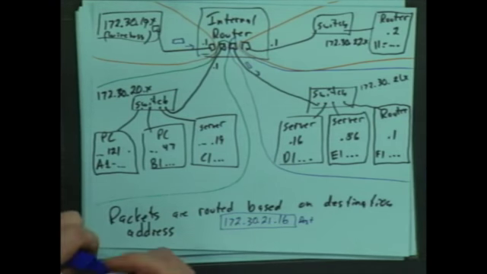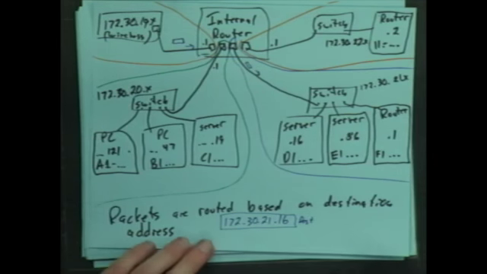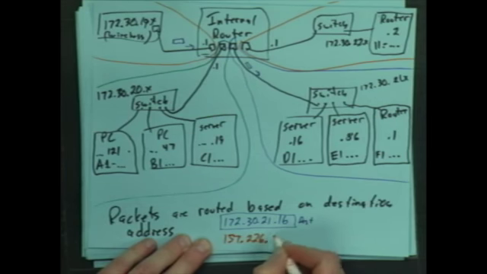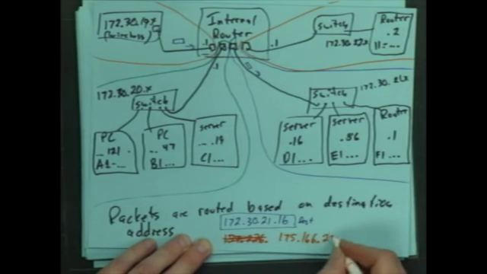Now, what if it is completely off the network? Let's do an orange one. Let's say I'm going to CNN.com. You guys remember this one, right? 157.166.226.25, okay?